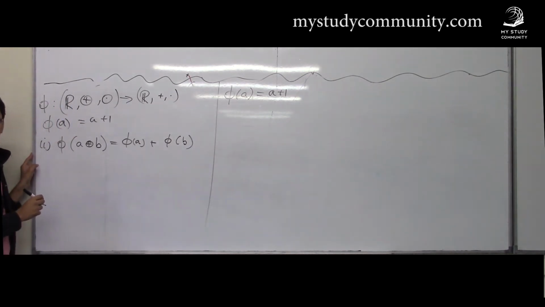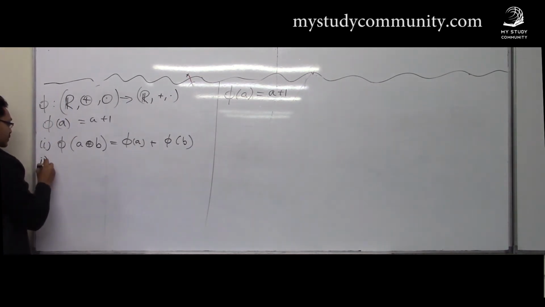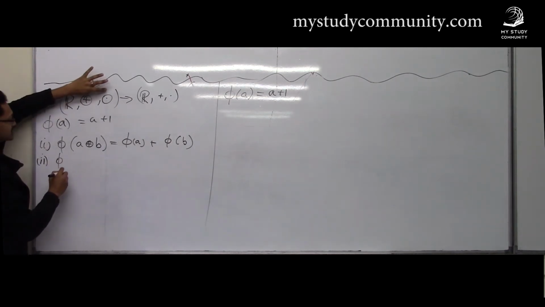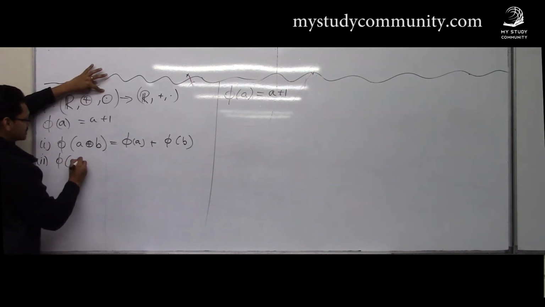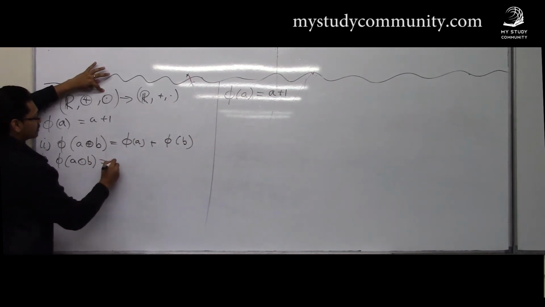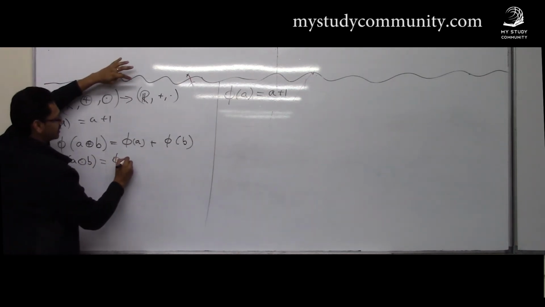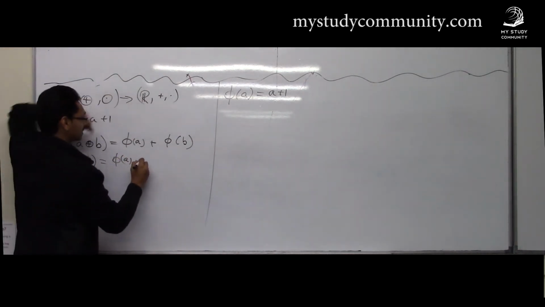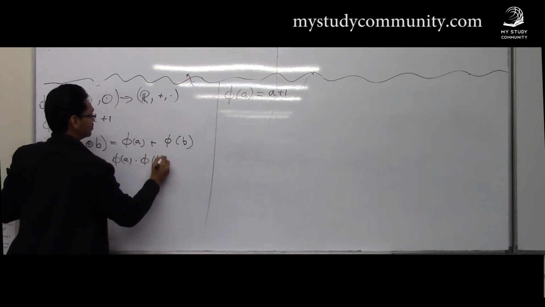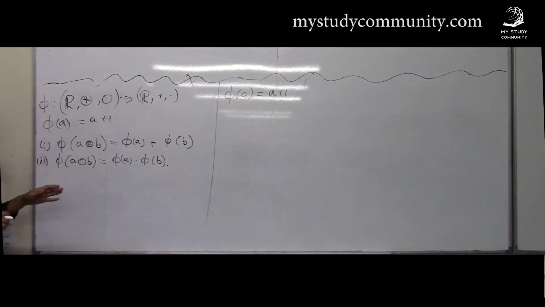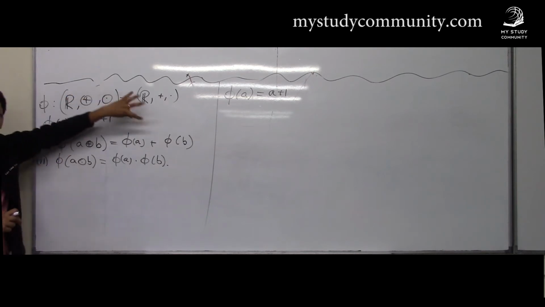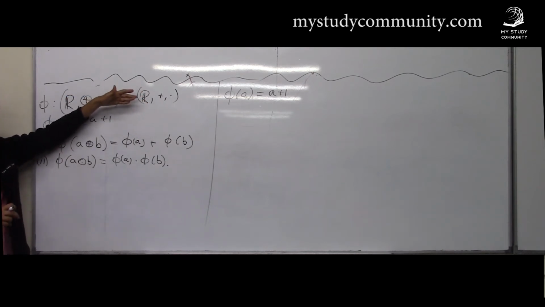Everybody's okay? The second point that we need to show is that phi of a product, which is a circle dot b, equals phi of a normal multiply phi of b. So this is the setup. Normally we would start from one side and go to the next side, but the math might be a bit tricky.